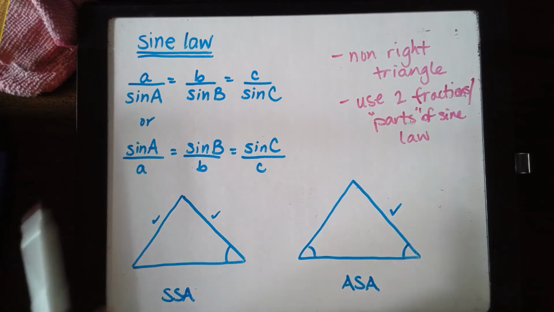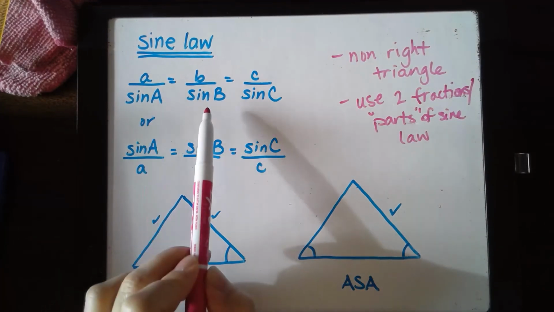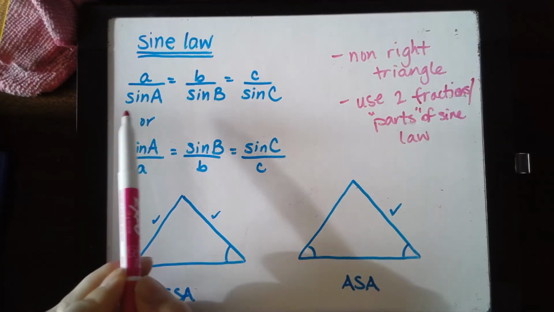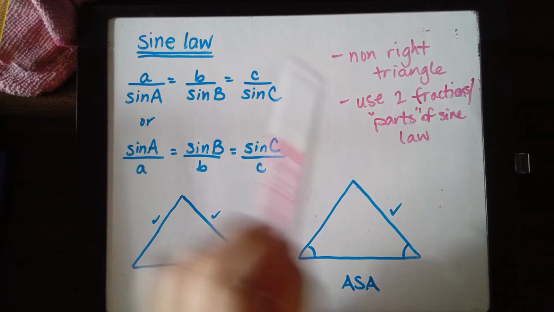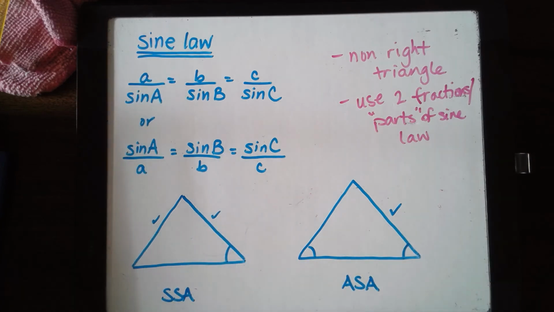It kind of comes in three parts for each side and angle pair, and you only need two of them. So you don't need to worry about this whole big thing. Also, you don't need to memorize this. Write these down on your study card, and then you'll have access to them whenever you need them.